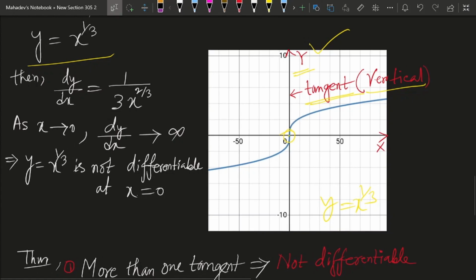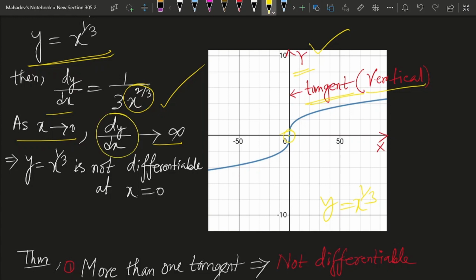Now coming to the differentiability. If y equals x to the power 1 by 3, then dy/dx will be 1 over 3 x to the power 2 by 3. As x tends to 0, your dy/dx tends to infinity, as x is in the denominator. So your dy/dx does not have a finite value, which means your function is not differentiable at x equals 0.